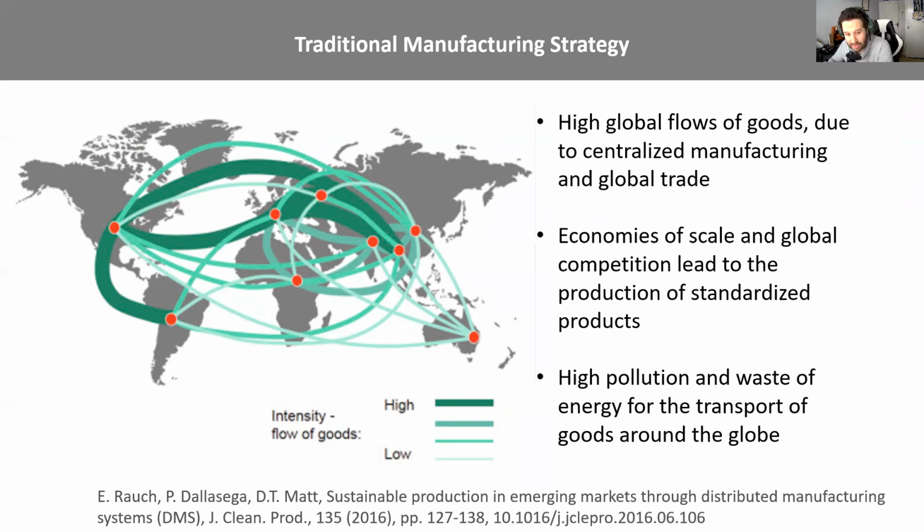It relies on economies of scale and global competition, which leads to the production of standardized products, standard variations of products due to these desires to get to economies of scale. And it unfortunately results in very high levels of pollution and waste generated, both environmental, energy, emissive waste, all resulting from the transport of these goods around the world.